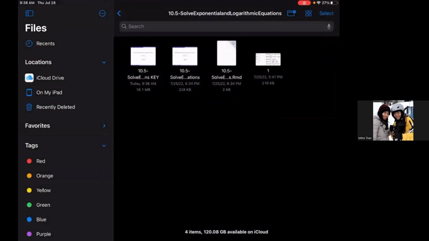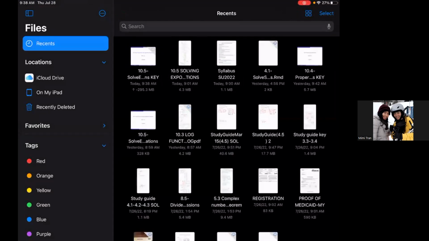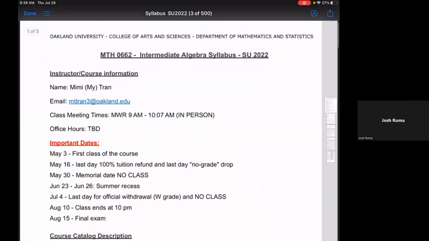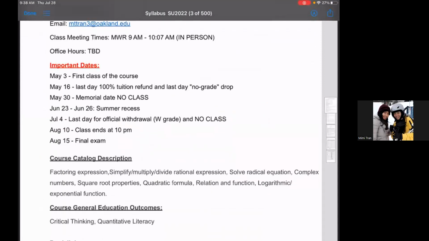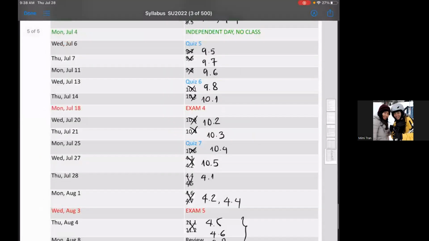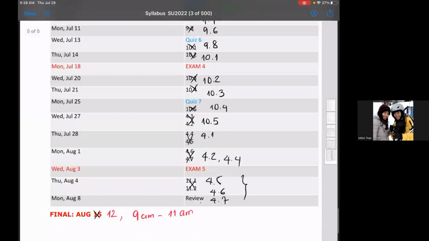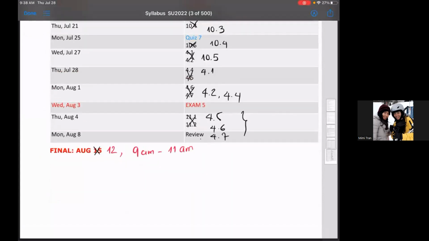All right, take a little break. Actually, I'm going to use this break to say something about the final exam date. Last night I was looking at the important dates on the OU website. The term doesn't end August 8 like I thought.